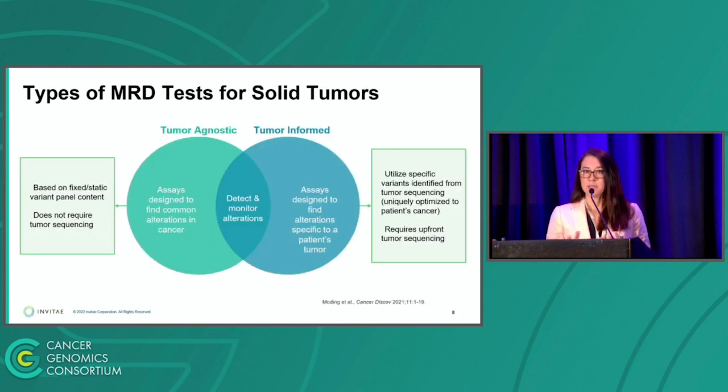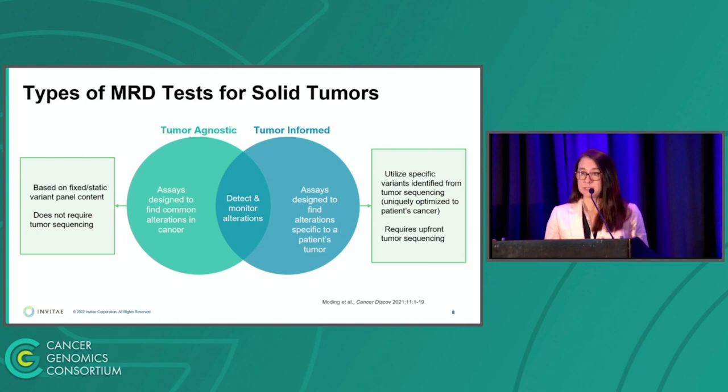Over the past decade, there have been lots of different approaches used for detecting MRD. It's ranged from sequencing efforts from PCR to next generation sequencing, but really sort of the philosophy for how you're trying to detect MRD falls into two main buckets, either tumor agnostic or tumor informed.